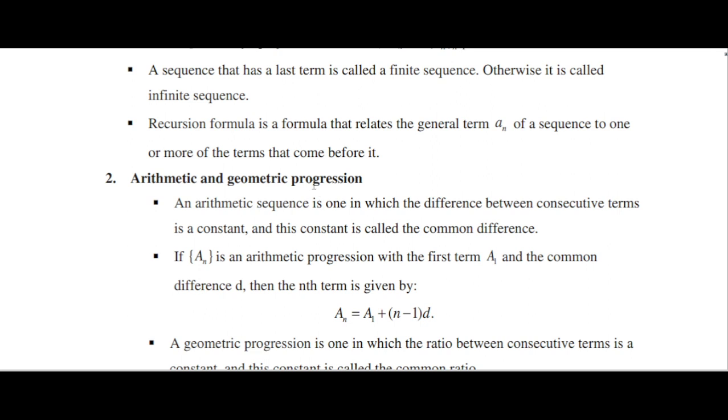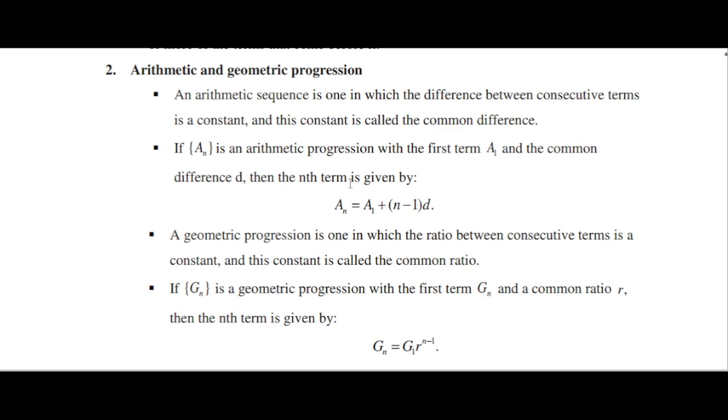Arithmetic and geometric progression. An arithmetic sequence is one in which the difference between consecutive terms is constant. In an arithmetic sequence we have a common difference d, whereas in a geometric progression we have a common ratio. If a_n is an arithmetic progression with first term a1 and common difference d, a_n can be computed using this formula: a1 plus (n minus 1) times d.